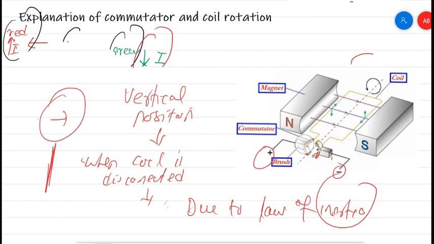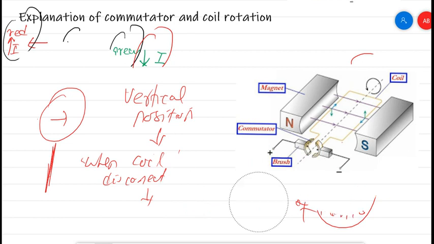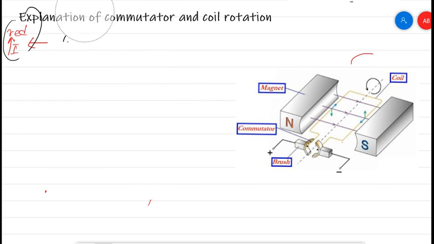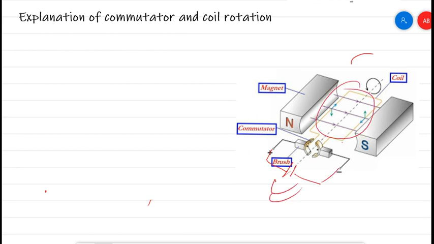Why? Due to the commutator. That's why it continues to move, and it succeeds in producing rotation through 360 degrees. It means we succeed in converting electrical energy into mechanical energy.